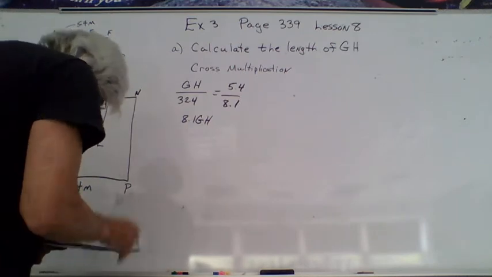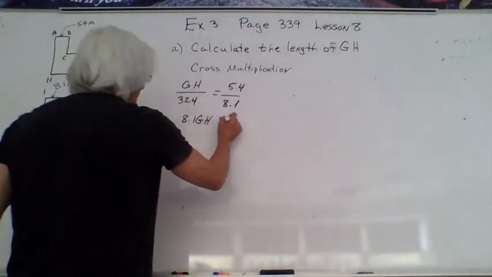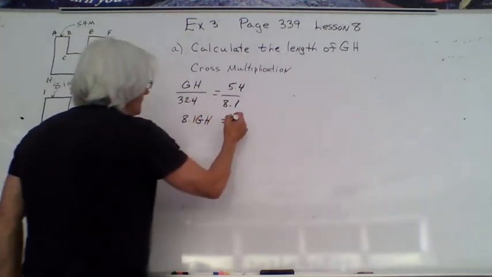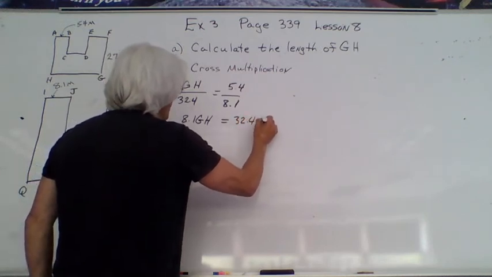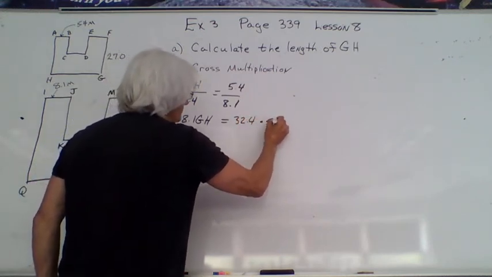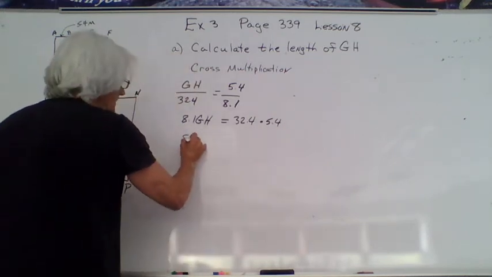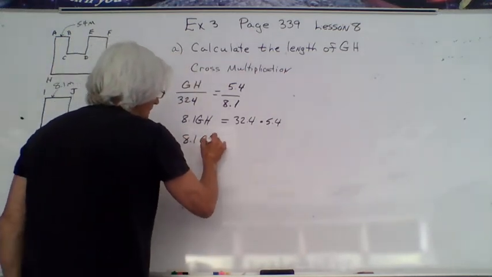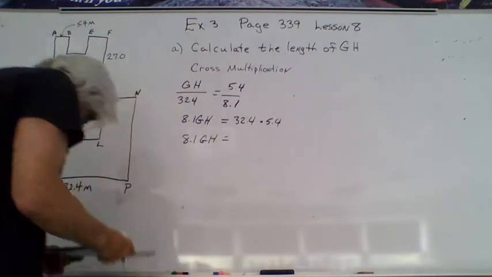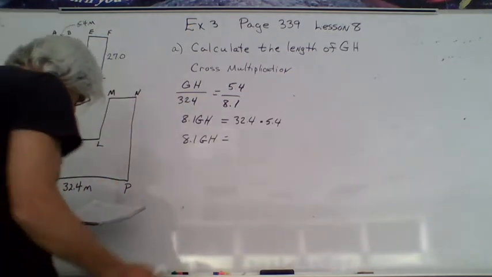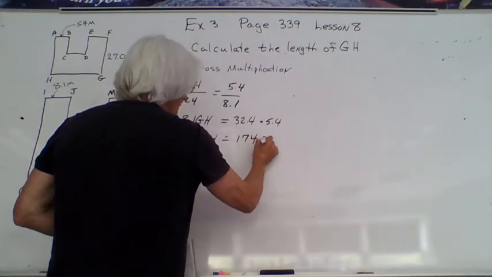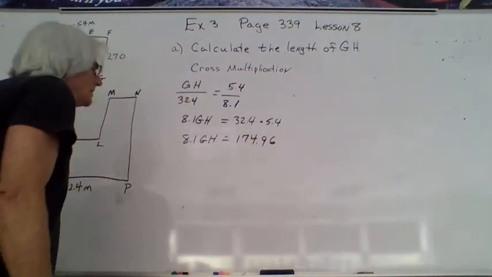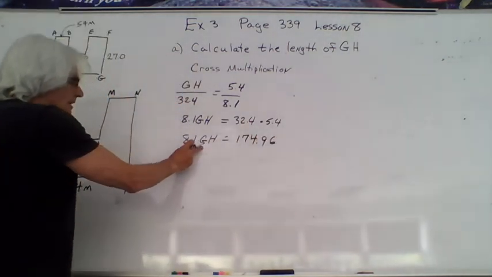And then I multiply the 32.4 times the 5.4. And when I did that, I got 174.96.